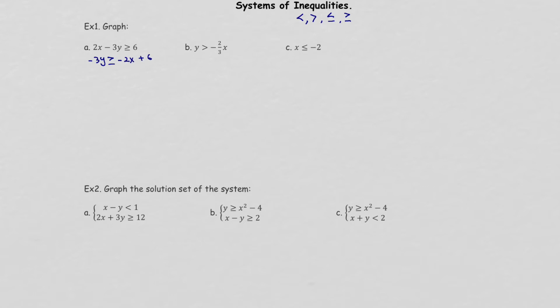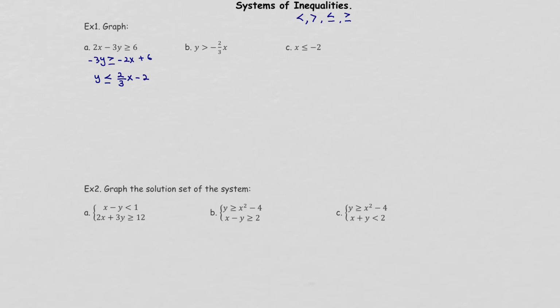Let's divide both sides by negative 3. It becomes y is now less than or equal to, dividing by negative 3, positive 2 over 3x, and negative 2 is what I'm going to get.